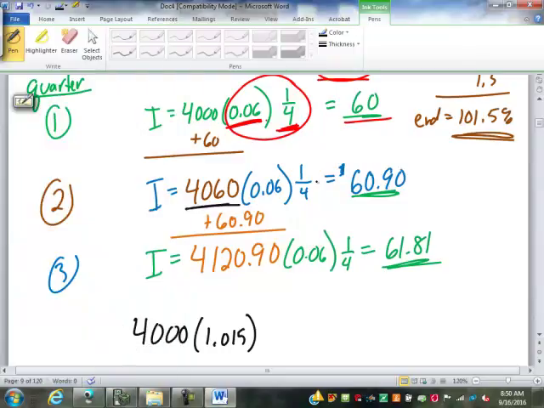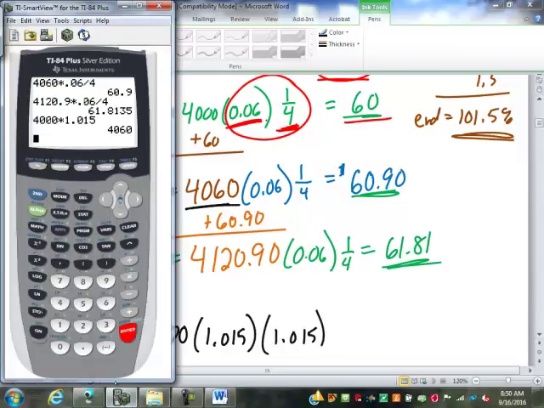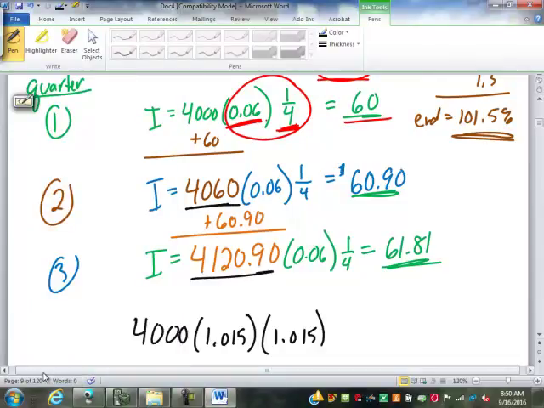That was our balance at the end of the first quarter. Then what did I do for the second quarter? Multiply by 1.015 again, which gives us $4,120.90. That was our balance at the end of the second quarter, or the start of the third quarter.